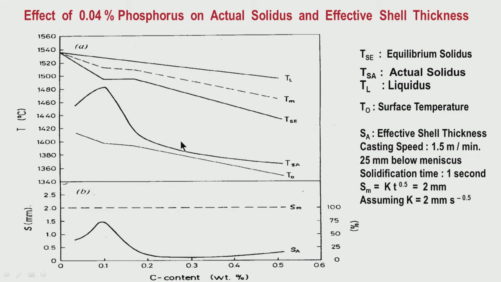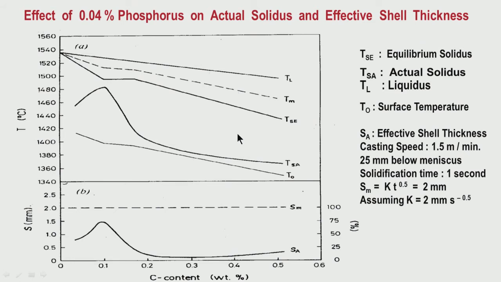Because of this, as I have mentioned, the solid shell is decreasing in thickness and the mushy zone is increasing in thickness. What is important to understand here is that the actual solidus temperature is getting decreased due to segregation of phosphorus, and the effect depends on the extent of this effect.